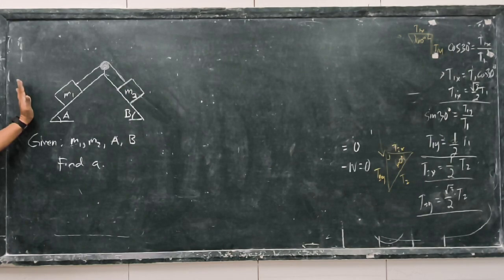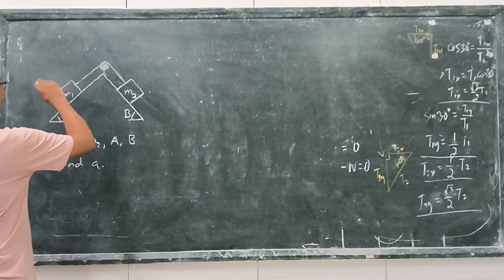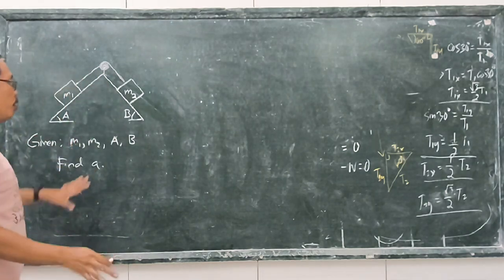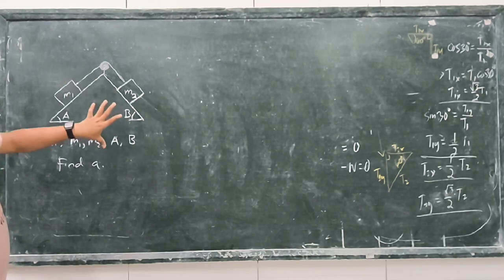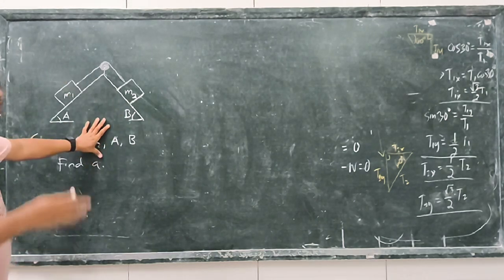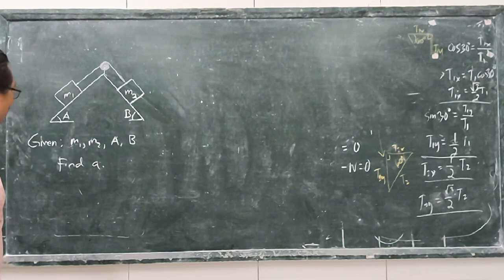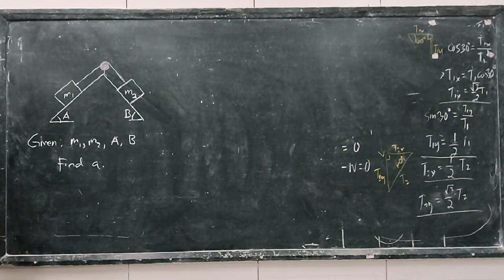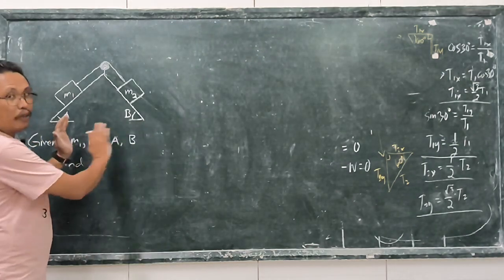Nasabtan ninyo? Okay? So if that is the case, then we will assume a direction of acceleration. Okay? We do not know. There are no values here, and even if there were values, we still could not immediately see. But what we must derive is A in terms of the given here.